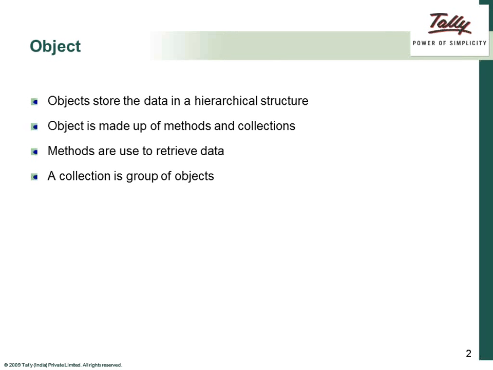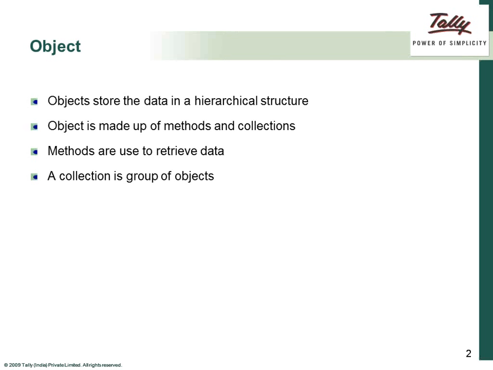The primary object is made up of methods and sub-collections. Methods are used to retrieve the final data, and a sub-collection is a group of sub-objects. Am I making sense now?